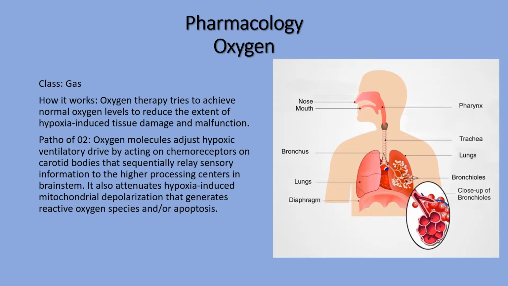When you receive supplemental oxygen from oxygen therapy, you're pretty much reducing or reversing the amount of hypoxia and the hypoxia-induced tissue damage and malfunction. I do want to take you on a quick journey, the journey of oxygen, just so we have a really good idea how it works in our bodies. Simple mechanics from the muscles in our chest expanding and contracting help pull oxygen in and push carbon dioxide out.